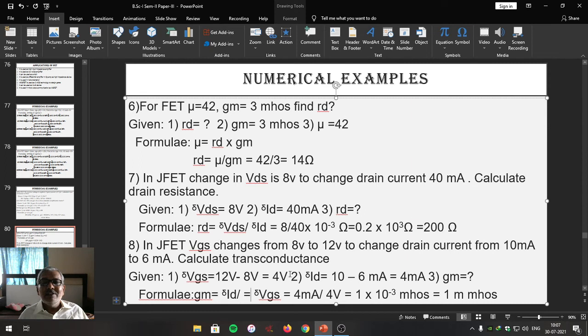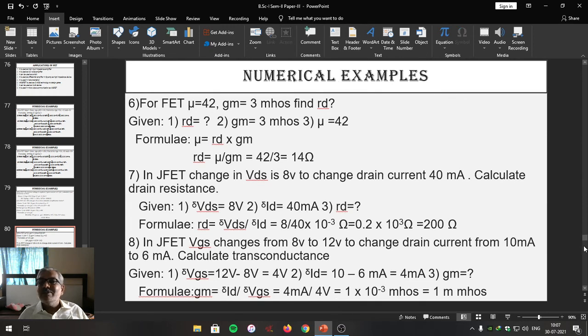So delta ID is 4 milliampere upon 4 volt, that is 4 into 10 raised to minus 3 upon 4 volt, that is 1 into 10 raised to minus 3 mhos, that comes to be 1 millimho. So this is how the transconductance is to be calculated.